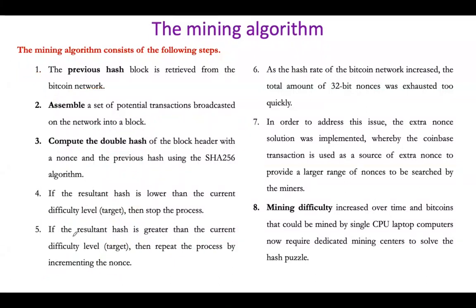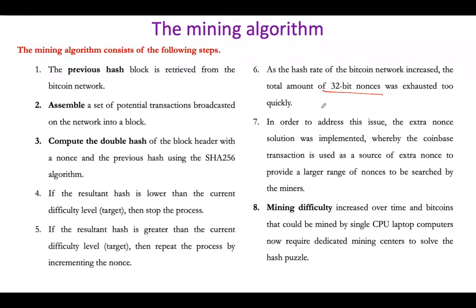As the hash rate of the Bitcoin network increases, the total number of 32-bit nonces that will exist is exhausted.